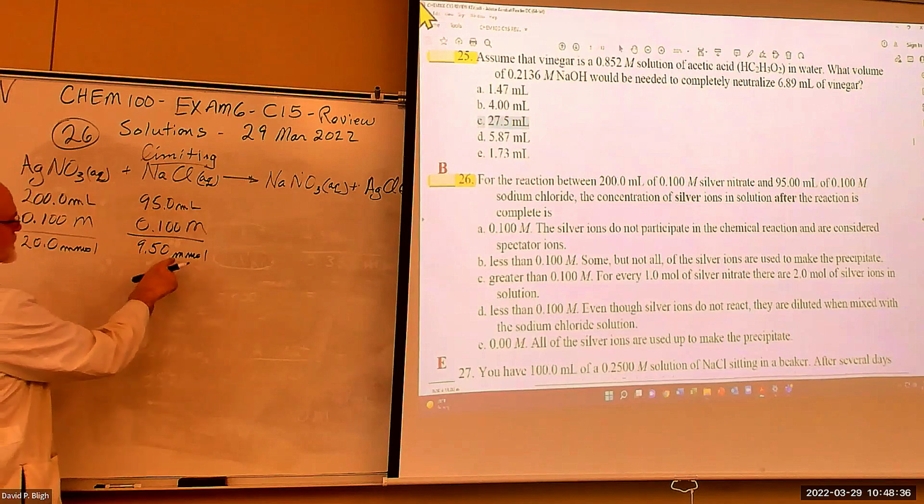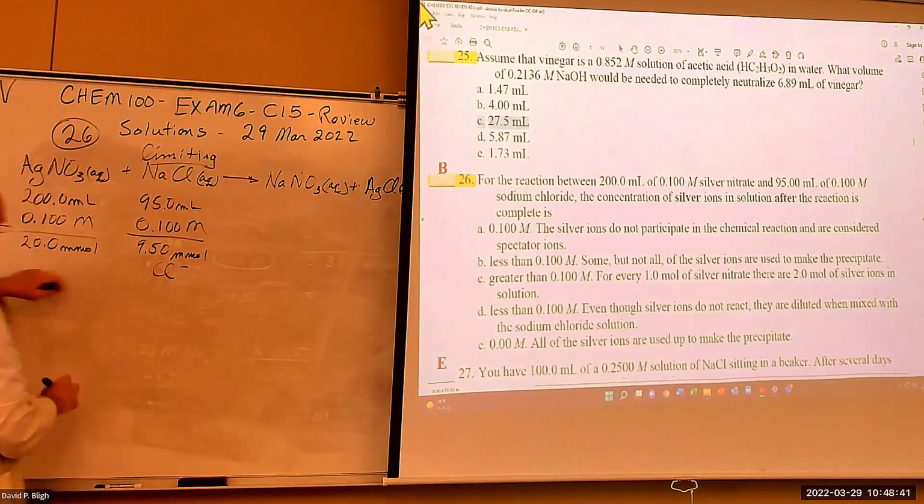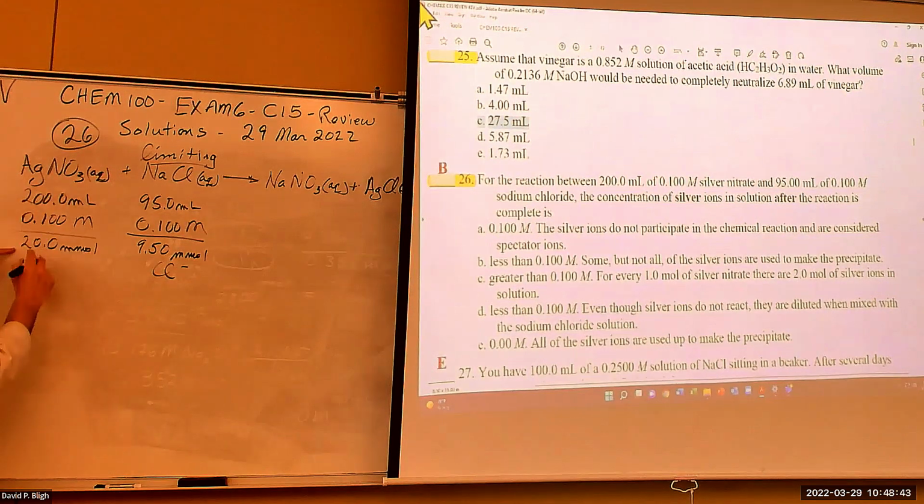This is millimoles of that compound, and also millimoles of chloride. That is millimoles of the other compound, and also millimoles of silver ions.